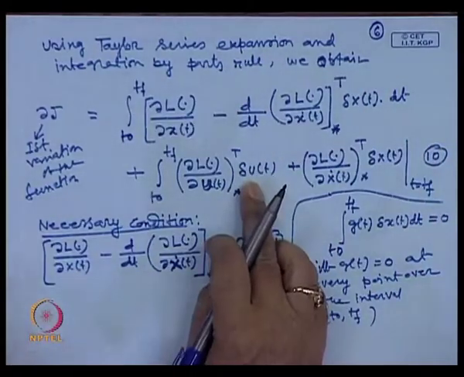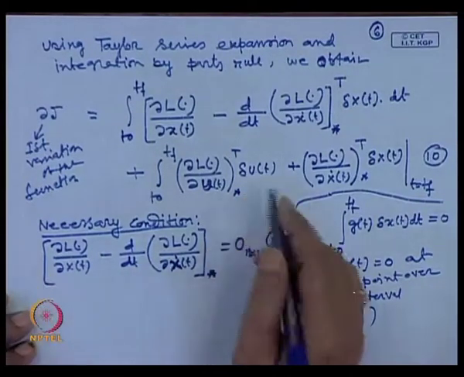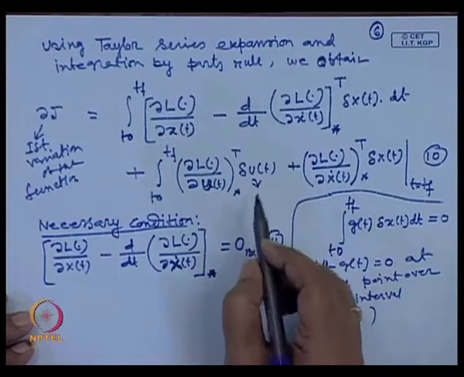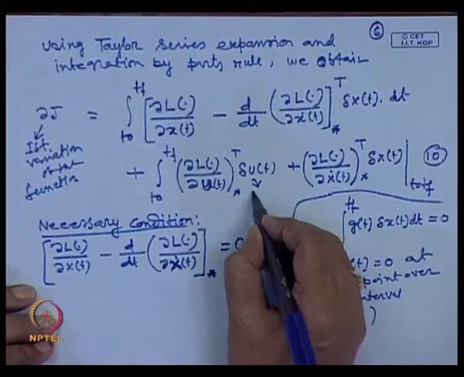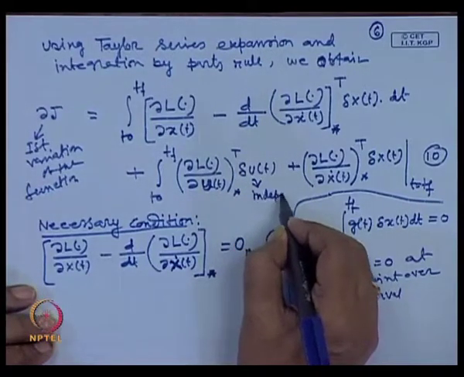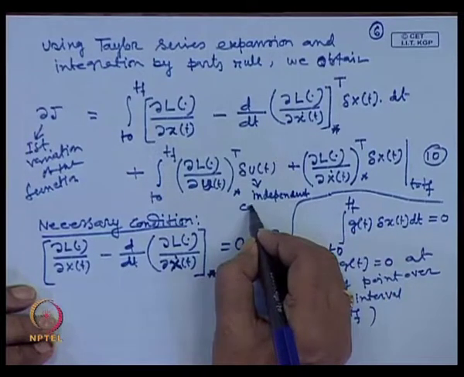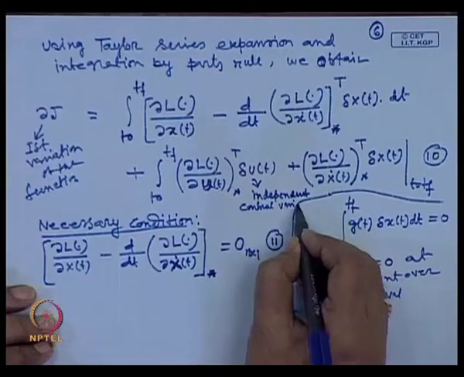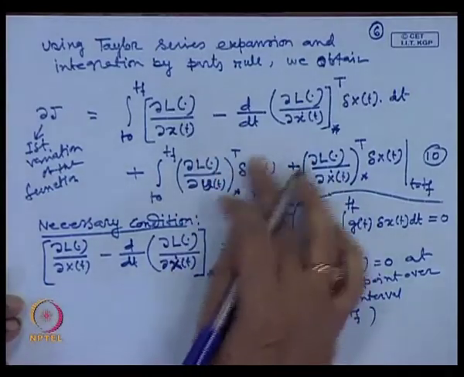Now, you see, when you have made an increment from u star to delta u, this is not equal to 0, and this is independent, you can write, a control variable.